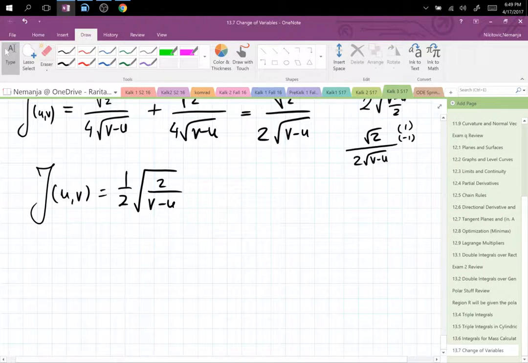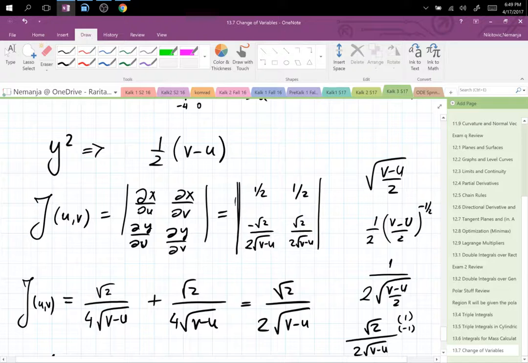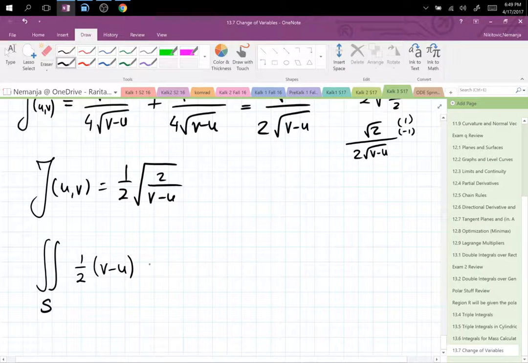Time to put our integral over region S for our y squared, which was what? 1/2 v minus u. Yep. Times the Jacobian, which is 1/2 square root of 2 over v minus u.